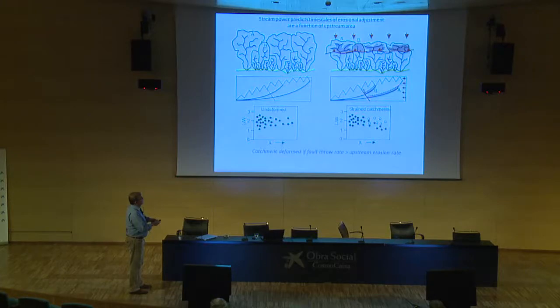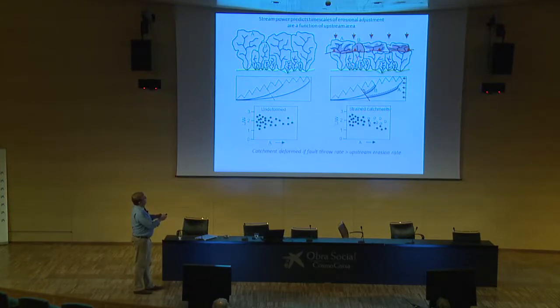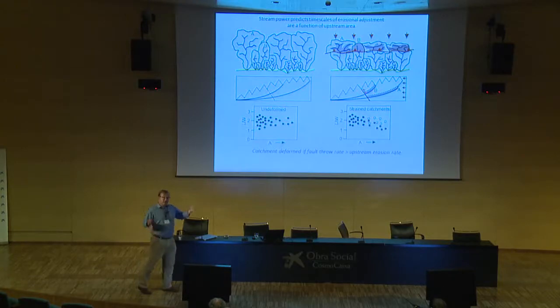And so this has some dependency, the ability to recover any deformation, so the red arrows represent the shortening, the ability to recover that deformation will be a function of the size of the upstream area that is being readjusted. So you may say, well, if we have a series of faults, we may get smaller catchments which fully recover any shortening, and in order to fully recover that shortening, they have to erode the equivalent material that's been vertically displaced, i.e.